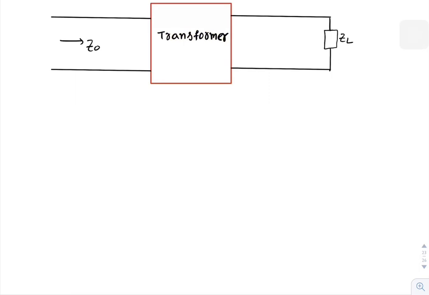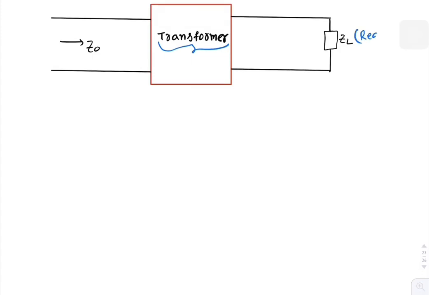Let us design a transformer or matching network to match a load which is real in nature to a transmission line whose characteristic impedance is ZO, which is also real in nature. This box is an impedance transforming device. We have a property of impedance transformation in a transmission line model, right?